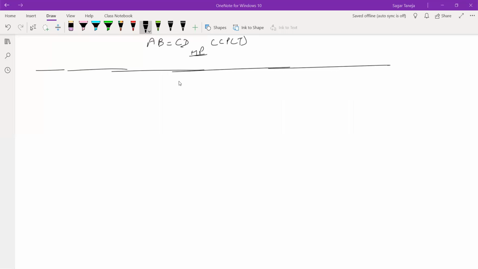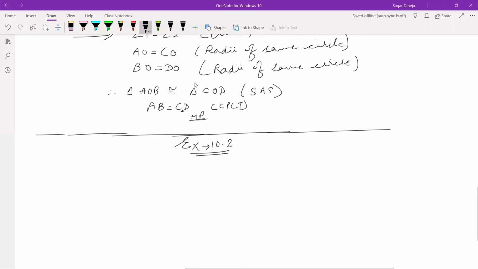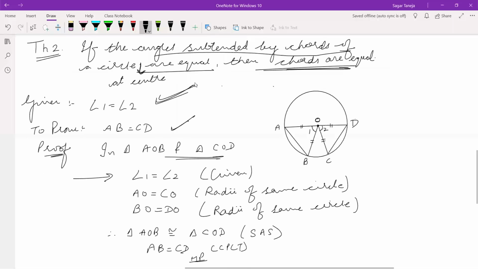Put the heading exercise 10.2. If you have understood these theorems clearly, theorem 1 and theorem 2, then the next exercise, 10.2, is very easy because that is also the same as these theorems.